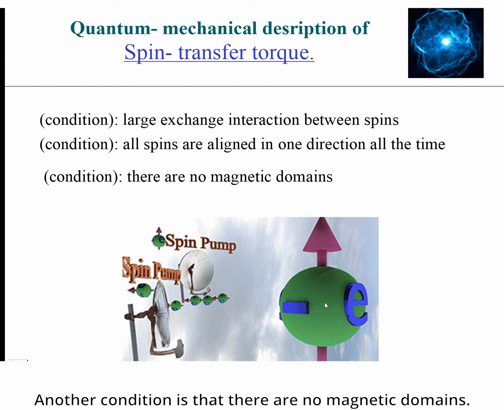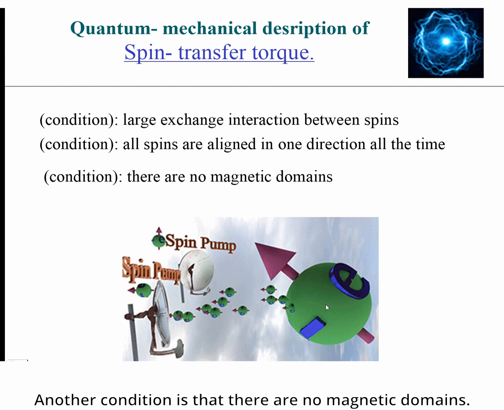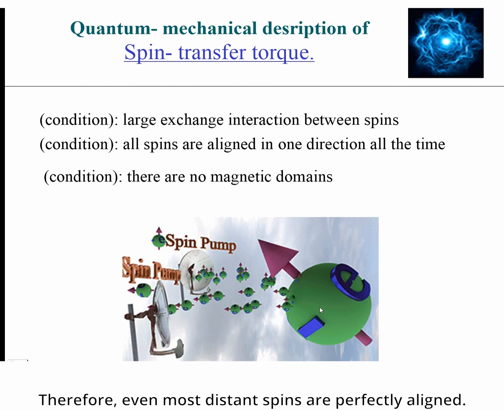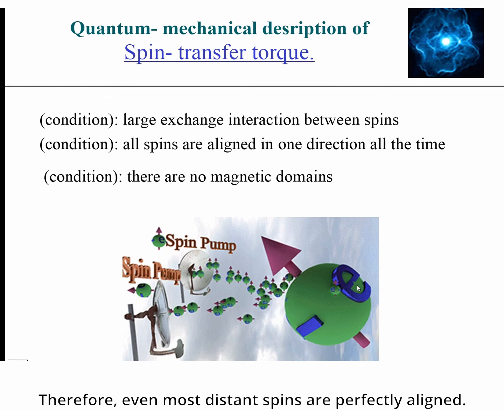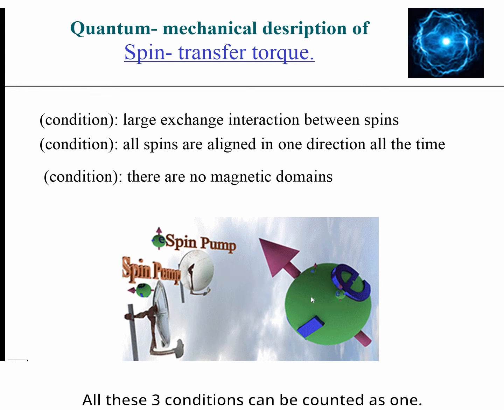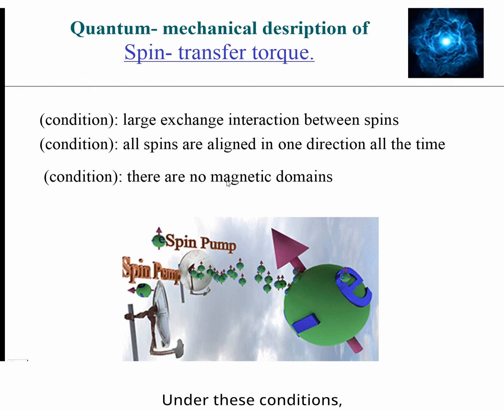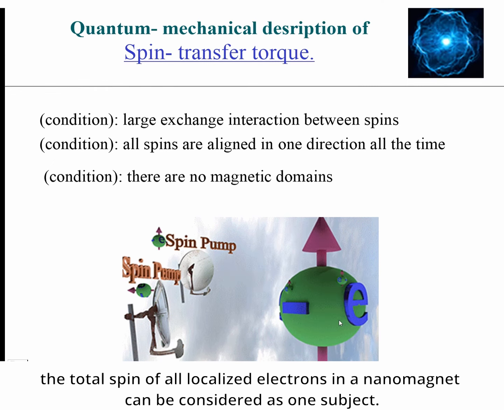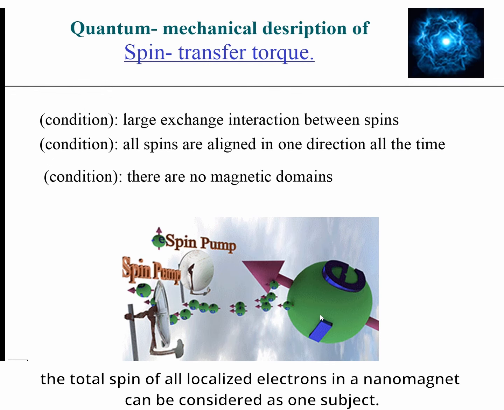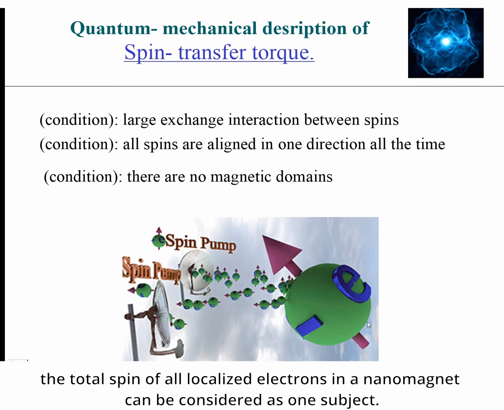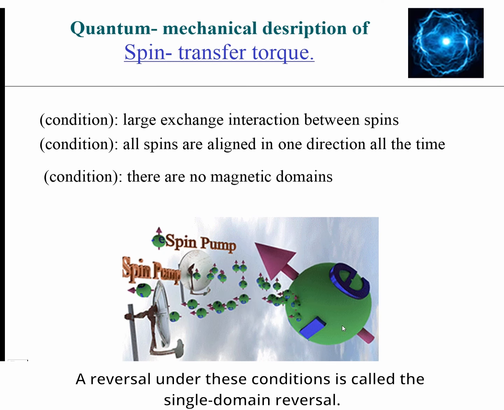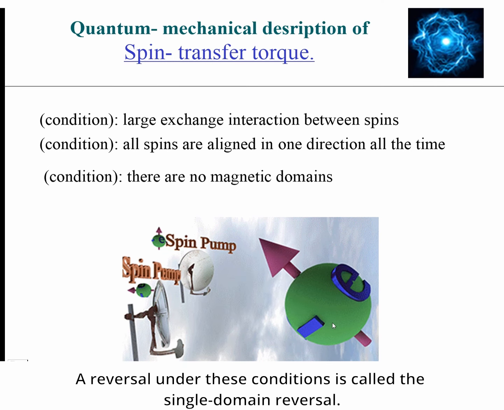Another condition is that there are no magnetic domains, therefore even the most distant spins are perfectly aligned. All these three conditions can be counted as one. Under this condition, the total spin of all localized electrons in the nanomagnet can be considered as one object. A reversal under these conditions is called the single domain reversal.